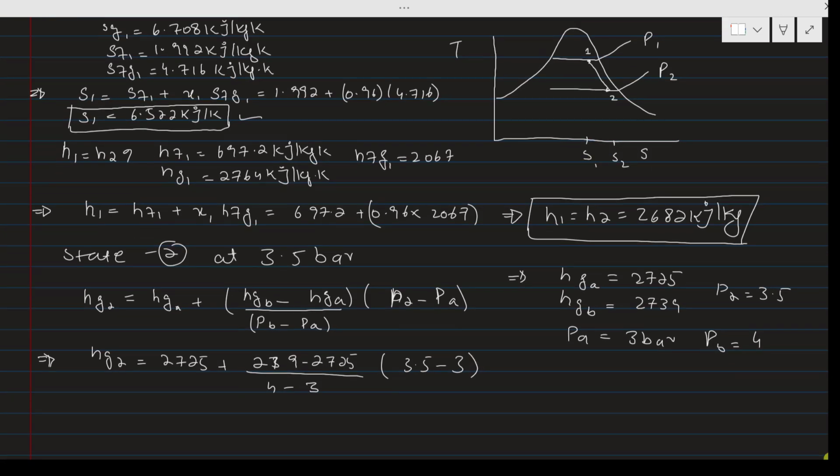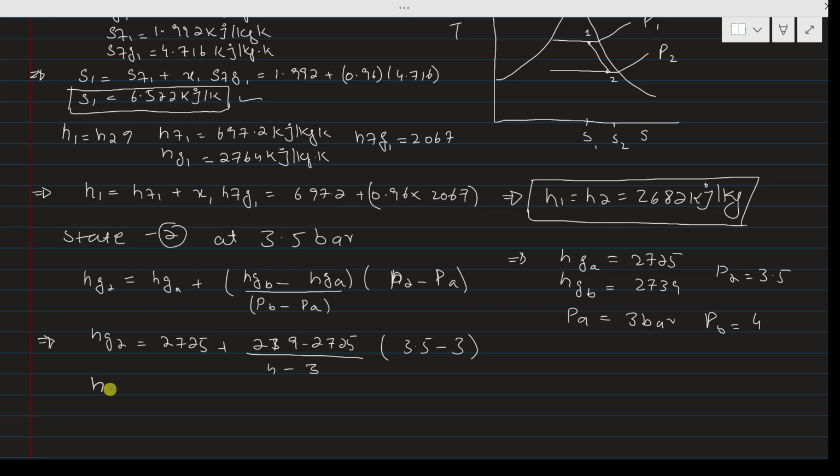When you simplify that, you will get the Hg2 value, that is 2732 kilojoule per kg K.